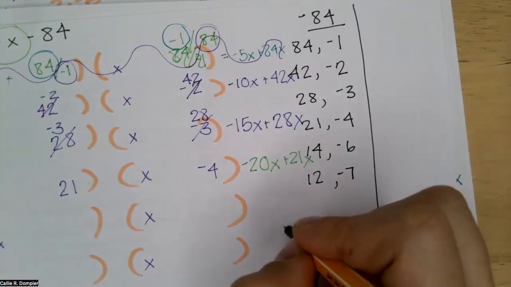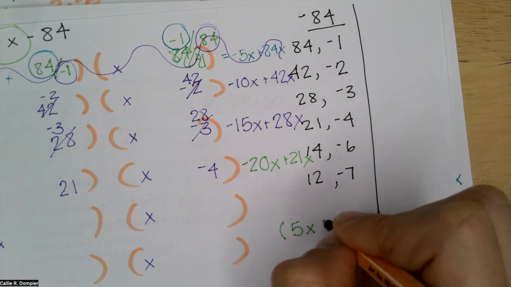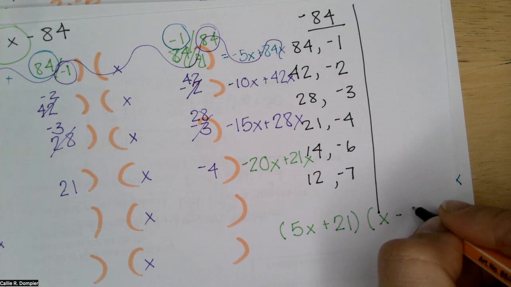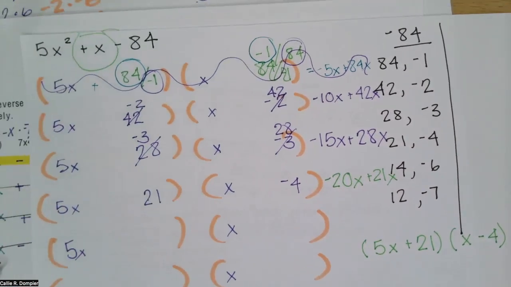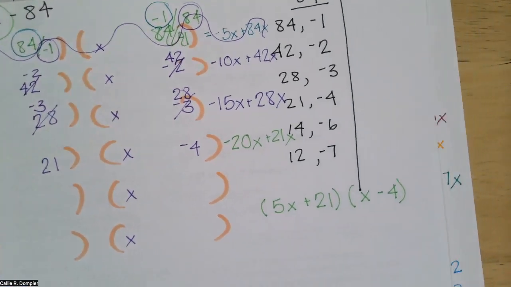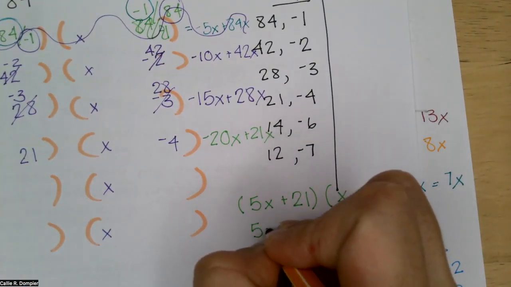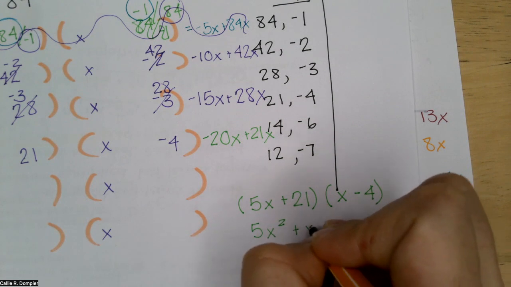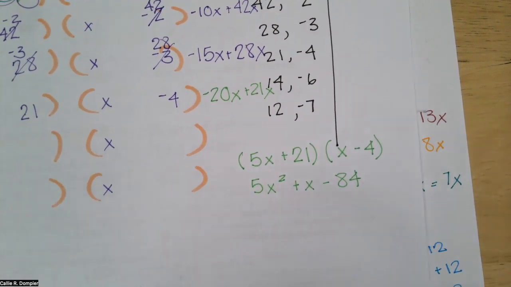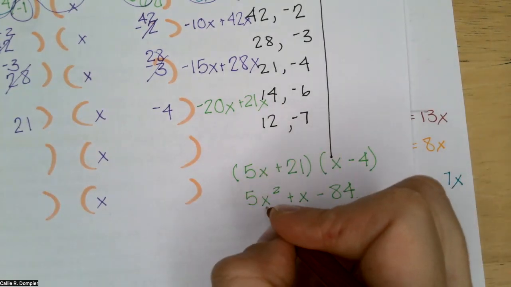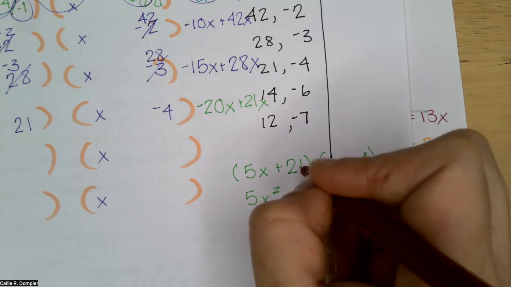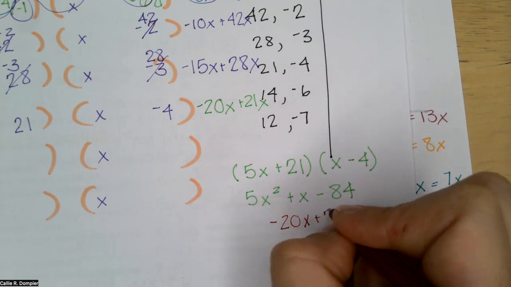So I'm going to say it's 5x plus 21 times x minus 4. Let's just check that it becomes 5x squared plus x minus 84. I want it to equal 5x squared plus x minus 84. Good. 5x times x is 5x squared. 5x times -4 is a -20x. 21 times x is 21x.